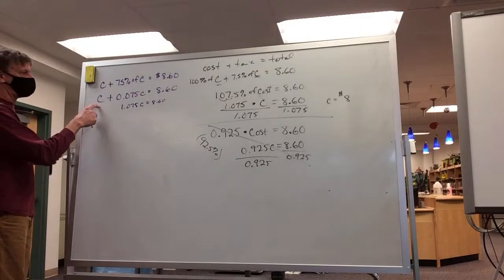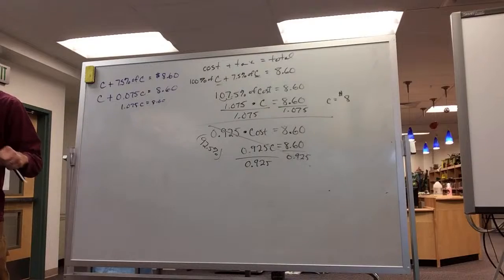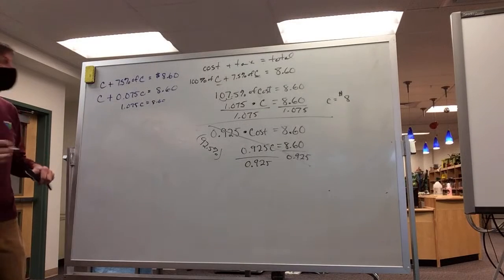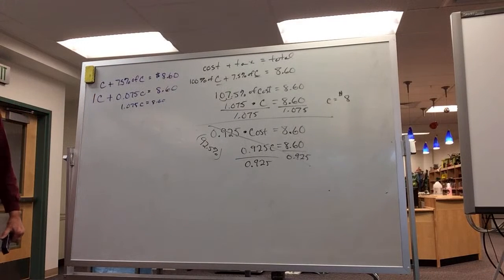So then I think to myself, well, C is the same as 1C, and that's something that some of us are more comfortable with than others, and that's okay. But 1 times C is equal to C.